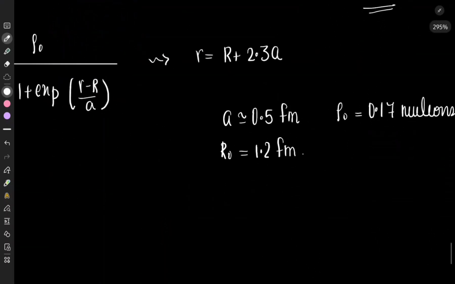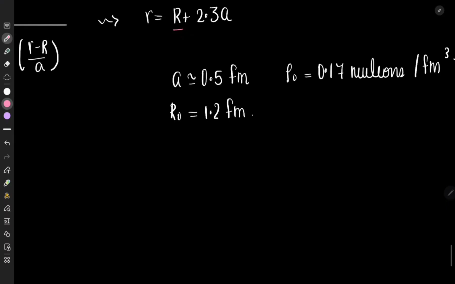Also, I forgot to mention we needed R, not r naught. So R is nothing but r naught times A raised to 1 by 3, where A is the mass number.